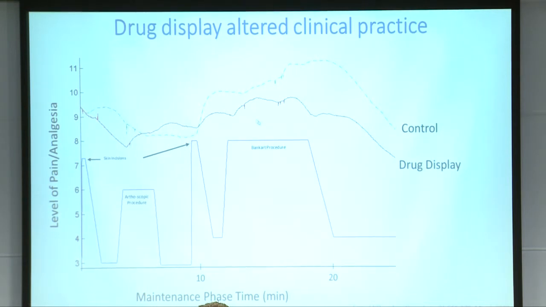The users that had available to them the pharmacokinetic and dynamic displays tended to give more frequent bolus doses of the drug, and they maintained the total level of analgesia lower than did the control group. So I think two demonstrations of how clinical practice was changed because of the use of this display.